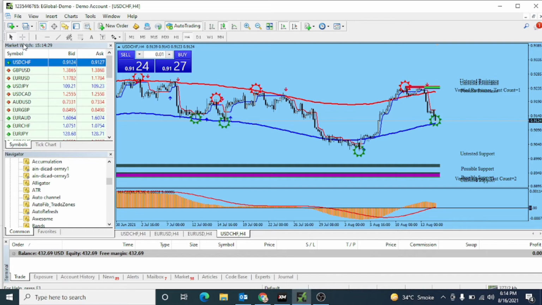For example, on 20th July the market was at this level, and on 11th August the market was there and a little bit down, and then again the market touched the verified resistance level. When the market touches the verified resistance level, there is an 80 to 90% probability the market will go down. You can check this in history also.